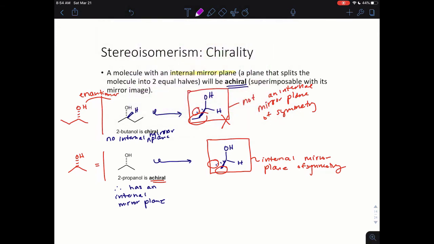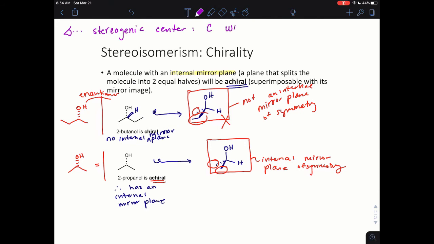Now, you're probably wondering, oh my goodness, is there an easier way to do this than looking for these internal mirror planes of symmetry? Yes, there is, and what I want you to look for, here's your eyeball, is a stereogenic center. This is going to help us. This is much easier to see than these mirror planes.